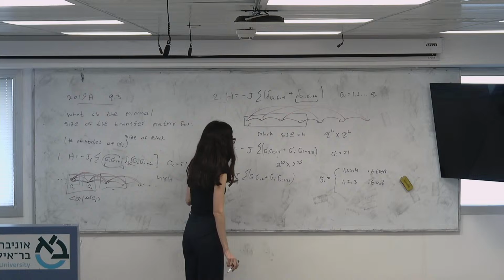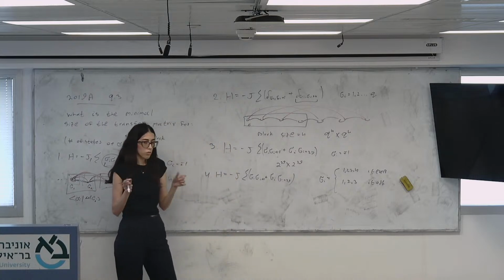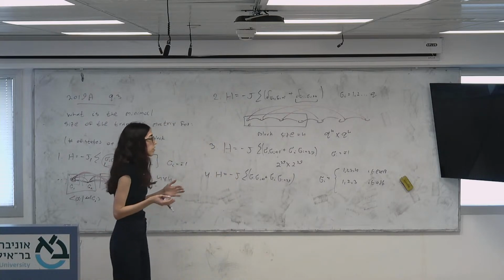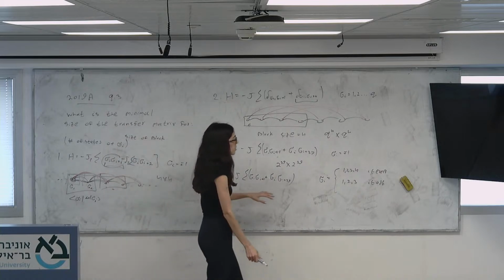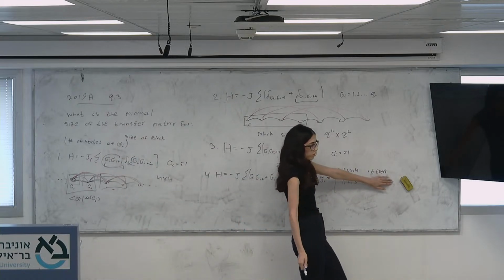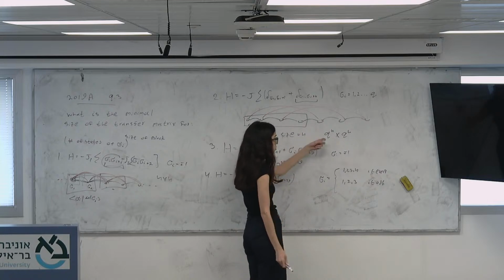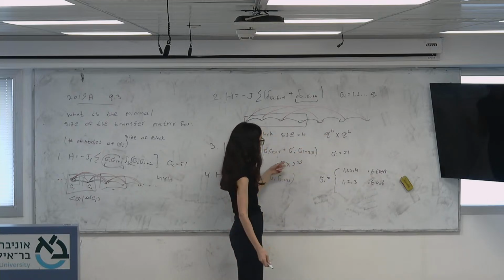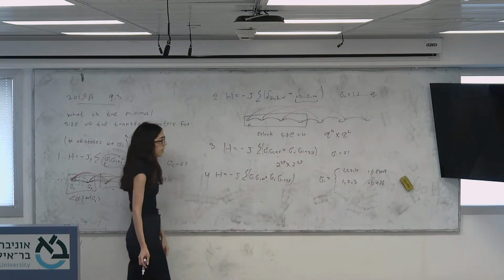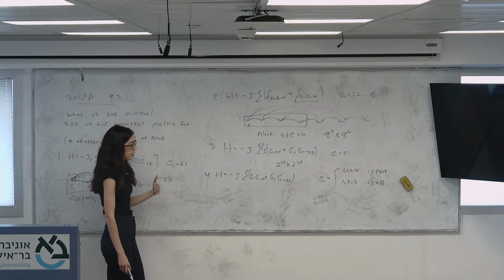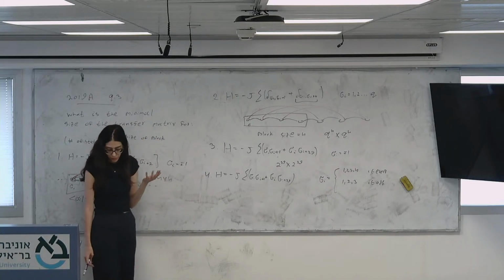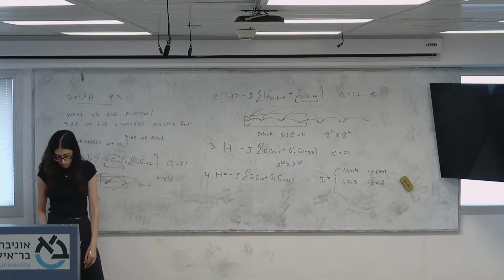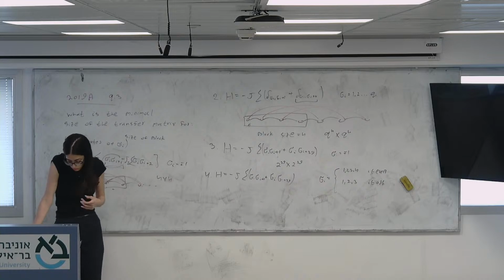So we have 2 different types of spins here. If all of the spins only had 4 states, we would have 4 to the power of 39. But wait, I think I made a mistake.